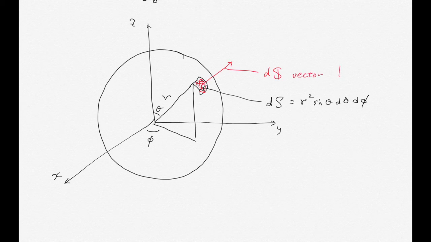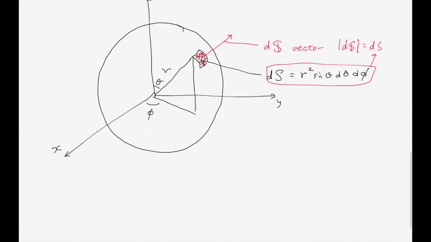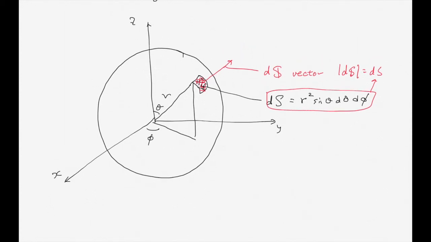Magnitude of the ds vector is equal to ds. Then if you want to consider surface integrals over the spherical surface, you should take an inner product with the surface vector.